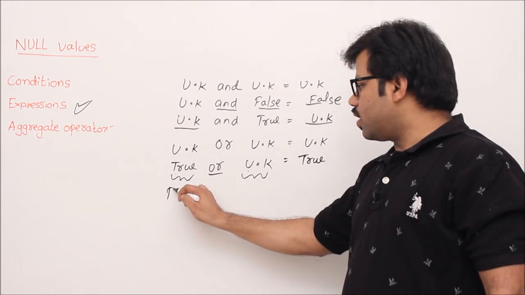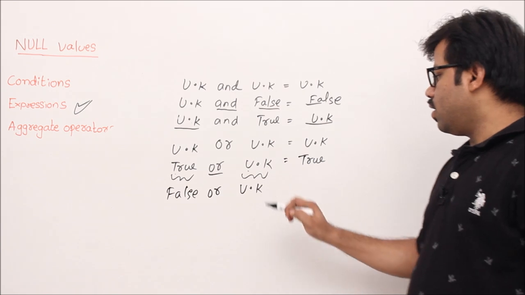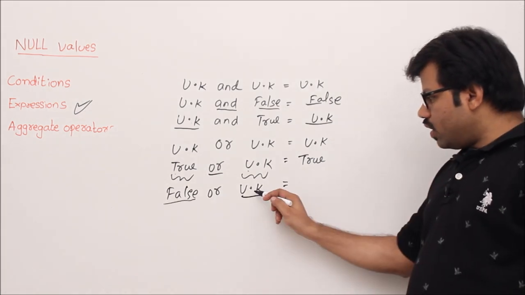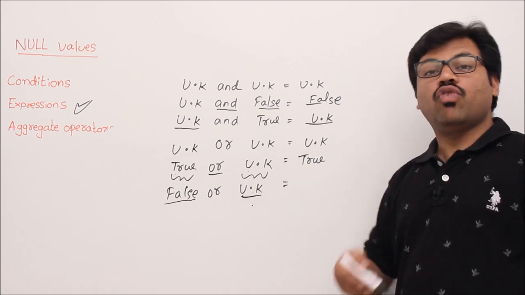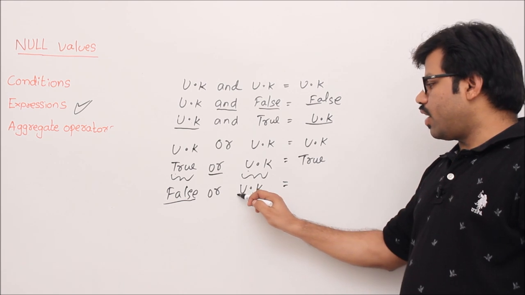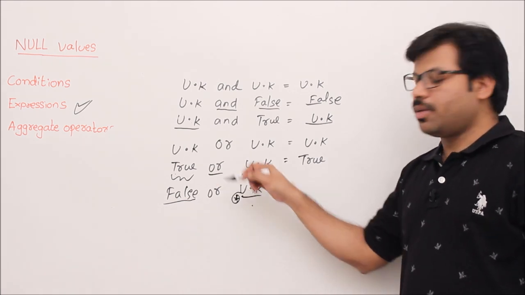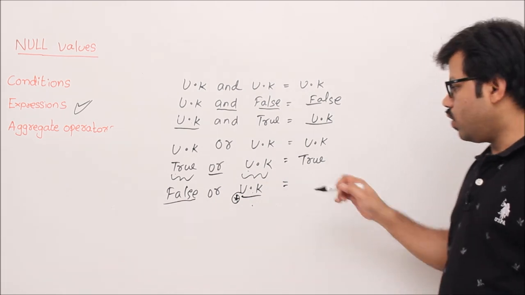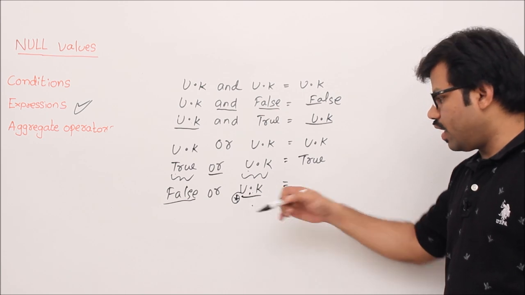Now false. False or unknown is what? Very simple. If this unknown is true, then false or true is true. If this unknown value was false, then false or false is false. At any time we can find out, but we don't know what the unknown is at this moment. Then this overall expression's truth value we cannot find out. So it is depending on this unknown value which we cannot know.